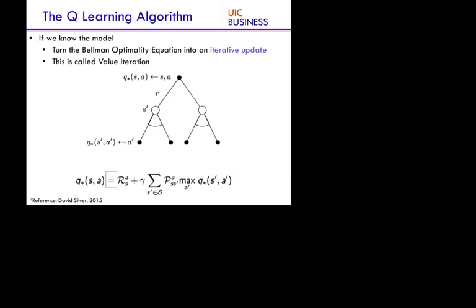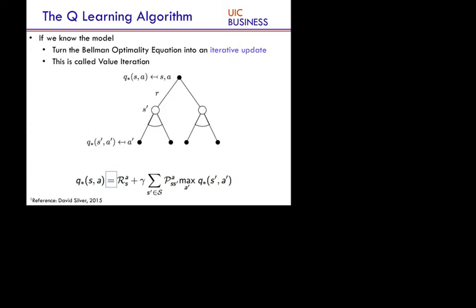And how am I going to do that? Start with a bunch of arbitrary numbers. For every state and action, let's say you keep an arbitrary number. Now you use those arbitrary numbers and the current rewards to update the next values of these same numbers. Then you just do it again and again, and you will see that this actually converges.